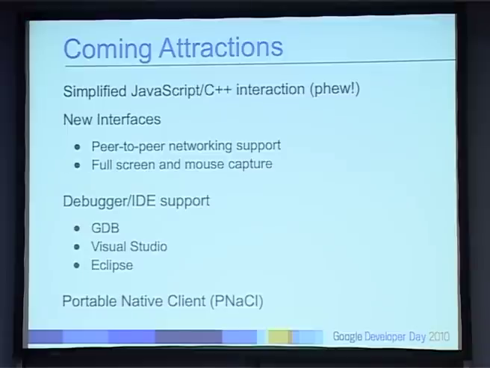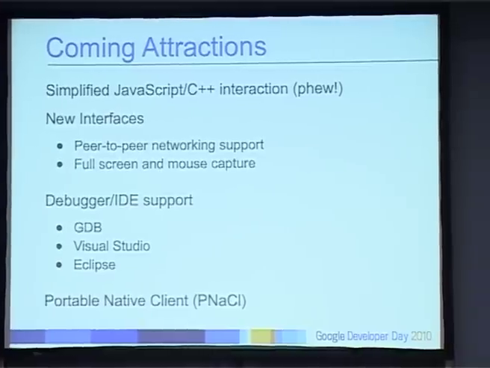Those of you who work with JavaScript know that it's very, very loosely typed. It's dynamically bound. You have all these indeterminate types. C++ is exactly the opposite. It's very rigid. So what we've done is written a bunch of classes that help marshal between those two things. If you have a JavaScript object which has, say, a string, but a C++ object that says, no, I really want that to be a double, we do a lot of automatic marshalling and coercion.